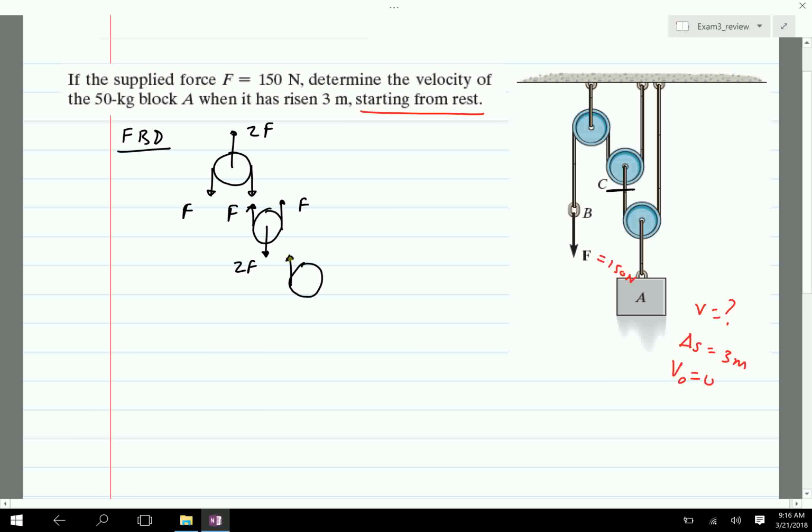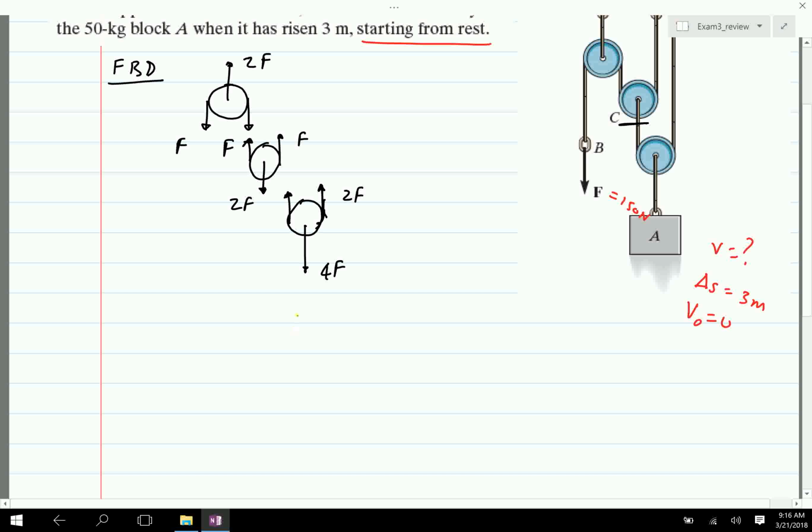So this force is also 2F. And since the string is inextensible, the force on the other side of this pulley has to be 2F. So this has to be 4F. And finally, the mass is subjected to the same force 4F. It's subjected to mg downwards. That's about it.